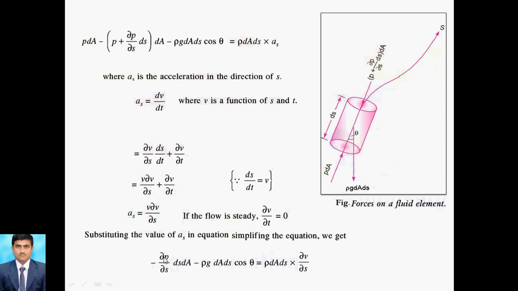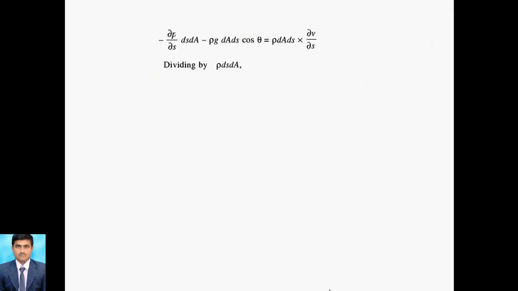This comes from the earlier equation, where pdA cancels out. Rho dA ds g cos theta stays as it is, and acceleration in the s direction we take as v dou v by dou s. Since we are dividing by rho ds dA, only the terms minus dou p by dou s, minus g cos theta and v dou v by dou s remain.